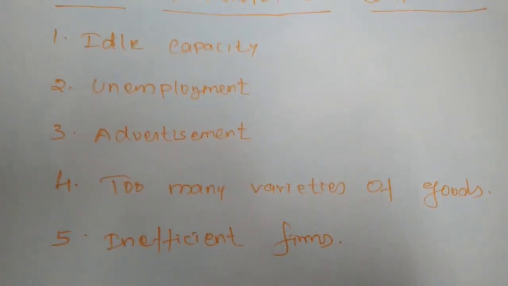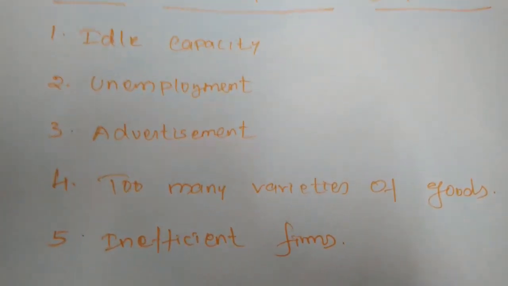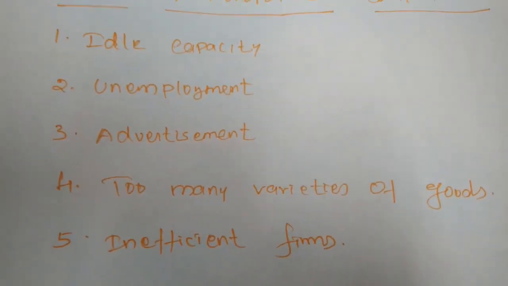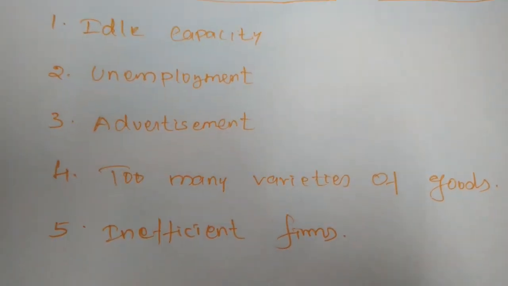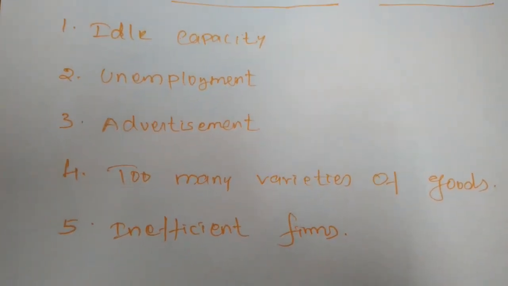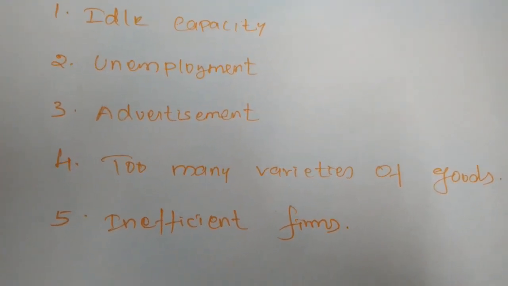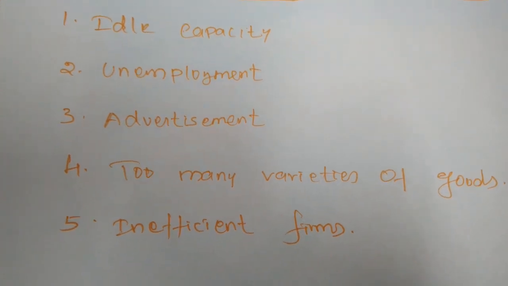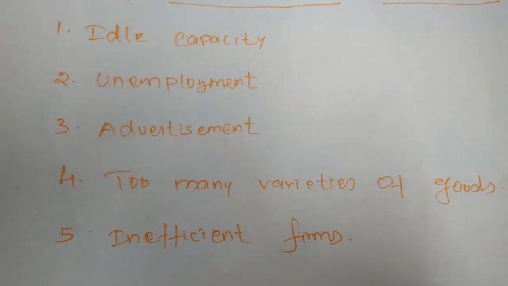When they create different types of advertisements, they spend more money, and the money spent on advertisement is also included in the price of the product. So this included amount is paid by the consumers. It is also claimed that advertisement cheats the consumers by giving false information about the product.